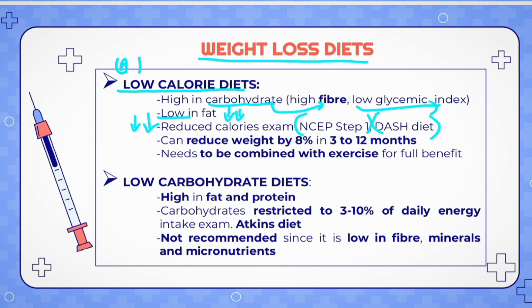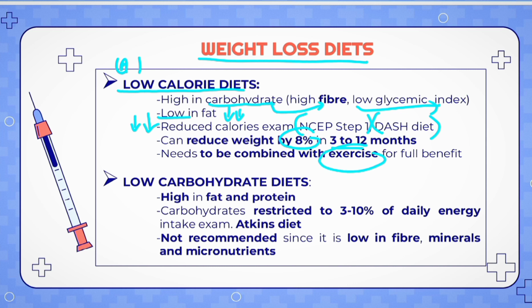Such low calorie diets can reduce the body weight by 8% in 3 to 12 months. However, for full benefit, these diets should be combined with exercise.